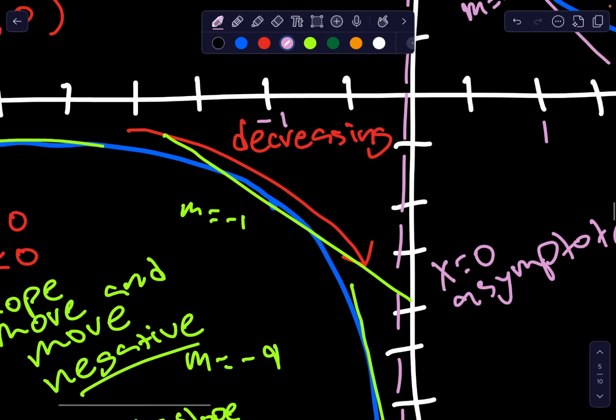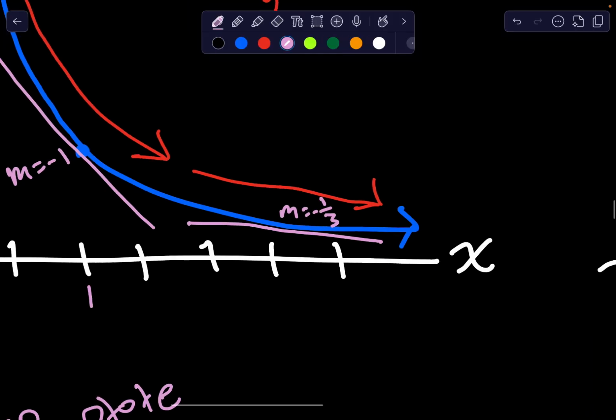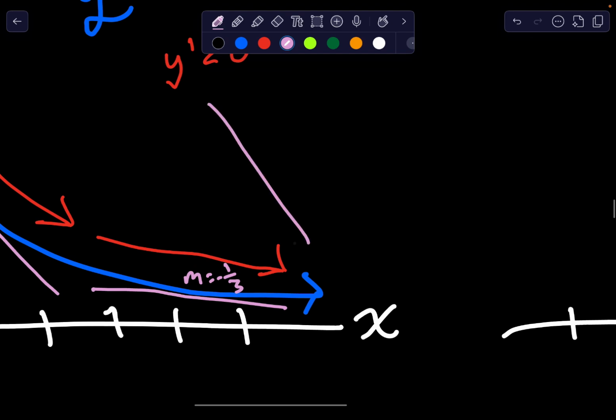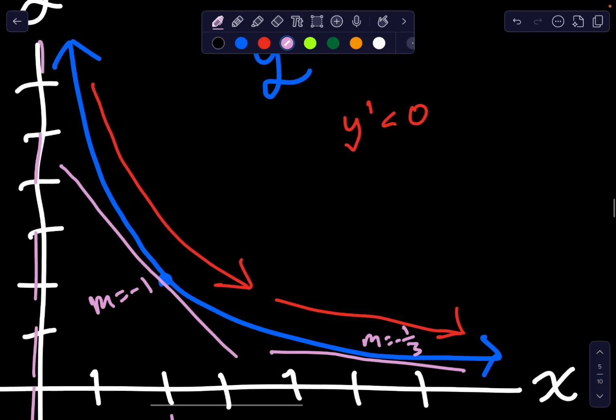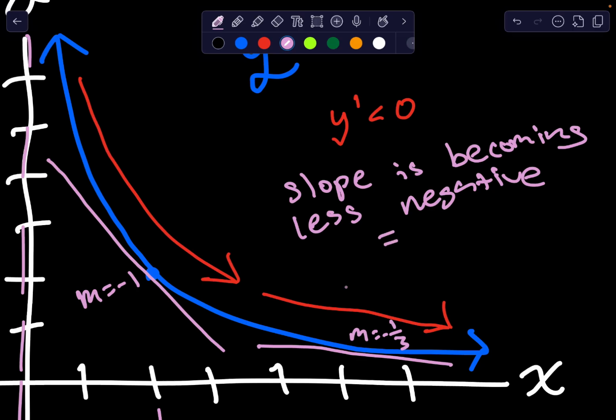So this is -1, and this should be -1/3. This is not necessarily accurate, but it shows that this is much steeper than this. So that means our slope is becoming less negative, in other words, more positive.